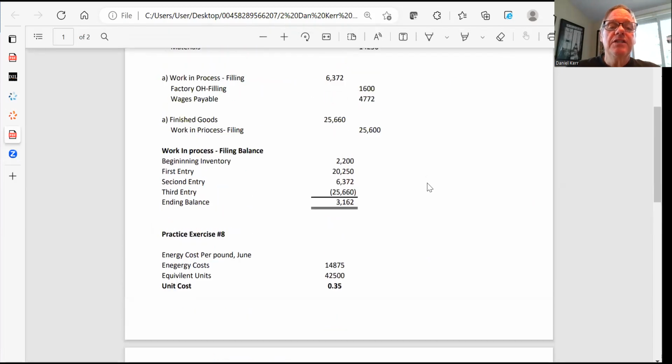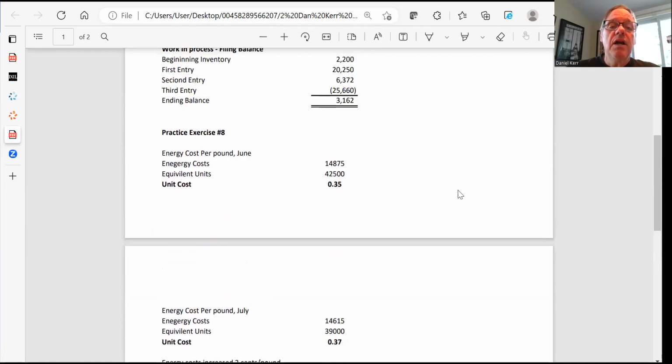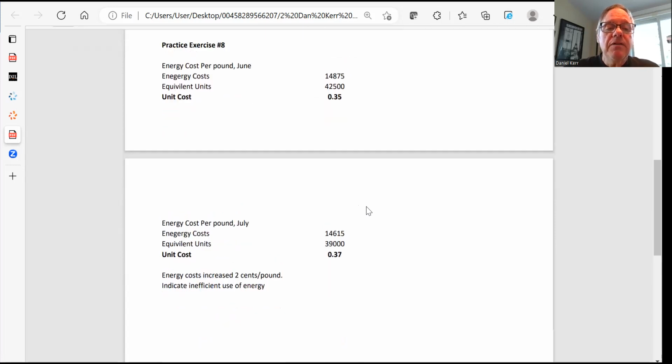So this is exercise number 8. The energy cost per pound in June: there's my total energy cost, there were the equivalent units, and my energy cost per unit was 0.35. Simply take energy cost and divide by the equivalent units. So it's 35 cents per pound.